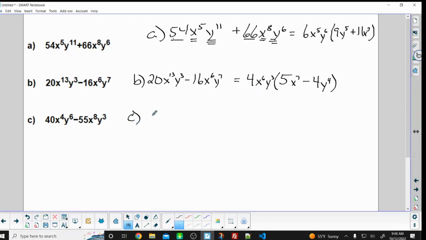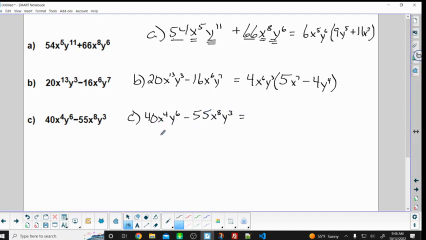Let's do the last one here. We have 40x^4y^6 minus 55x^8y^3. Okay, so we have 40 and 55.